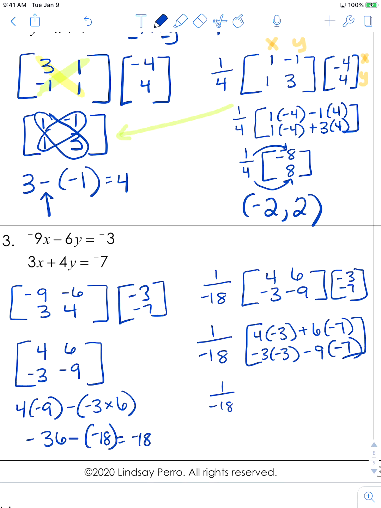And once all that is simplified, going straight across, you end up with -54 and 72. -54 times 1 over -18, or -54 divided by -18 is 3. And then 72 divided by -18 is -4.